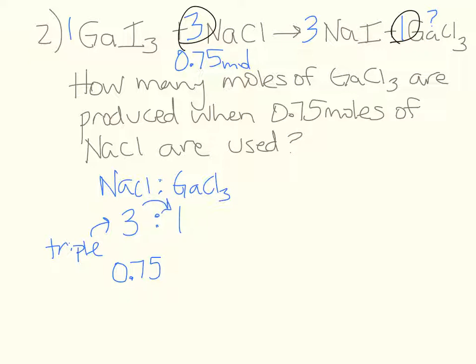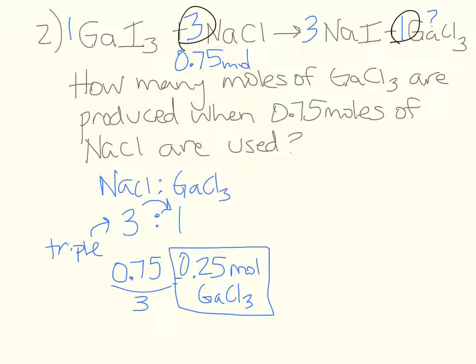To go from sodium chloride to gallium chloride, we divide by 3 to get the smaller number in the ratio. So 0.75 divided by 3 is 0.25. So we have 0.25 moles of gallium chloride. That's how we can look at the ratios and figure out what to do.